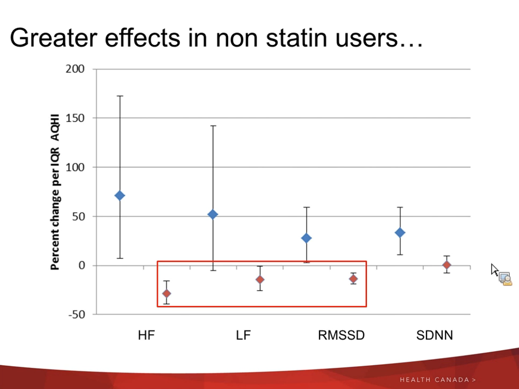And so you can see here that we saw decrements in heart rate variability. These are in non-statin users, whereas in statin users, effects were either positive or null. And this has been observed in some other studies that statins modify the effects of air pollution on cardiovascular measures.